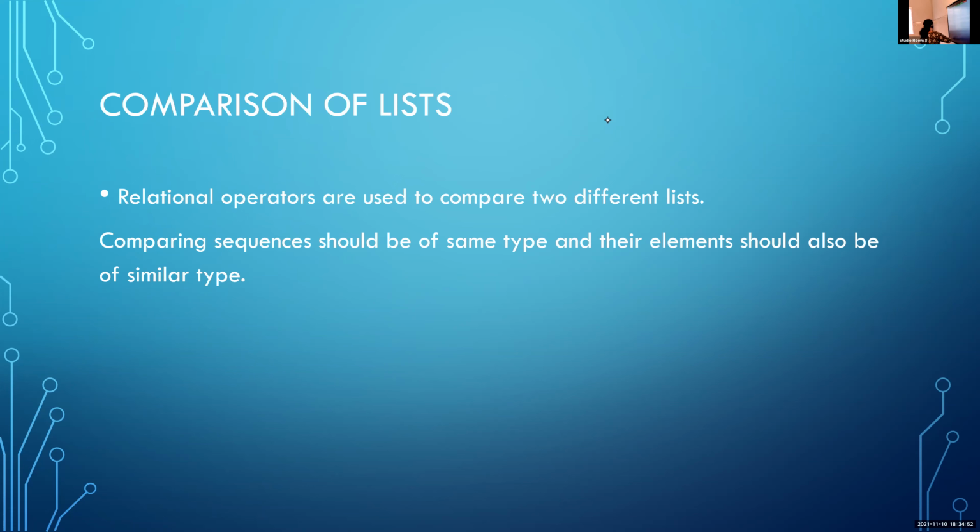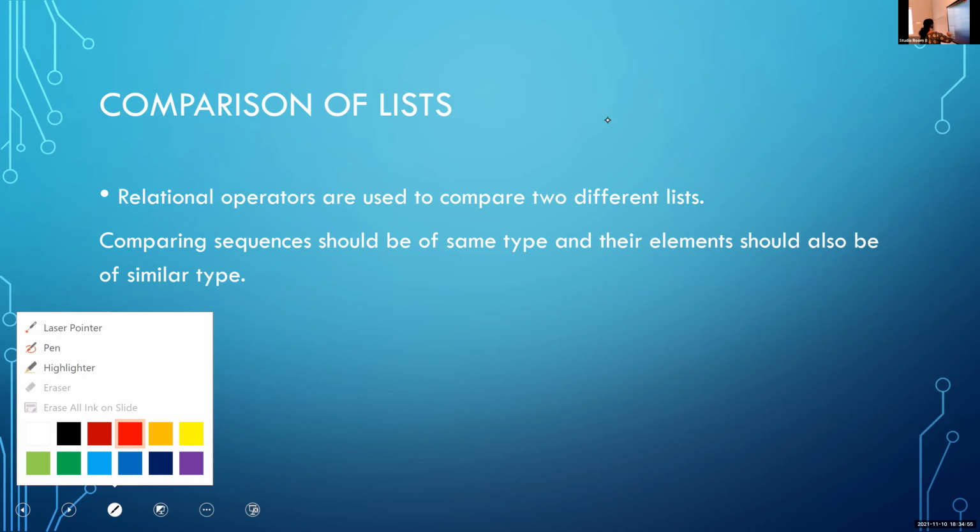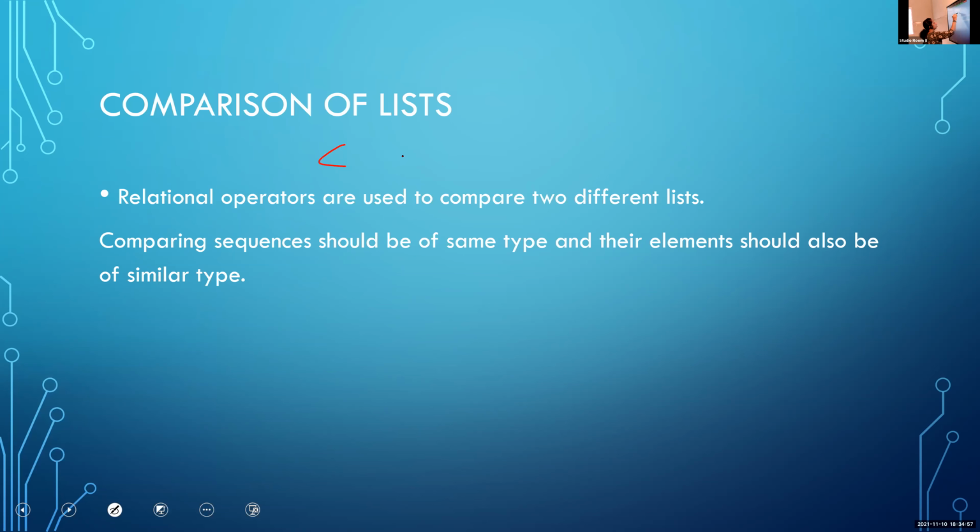It is less than, greater than, less than or equal to, greater than or equal to, not equal to. So for comparing list elements also, we use the same relational operators. All these are the relational operators used to compare two different lists.